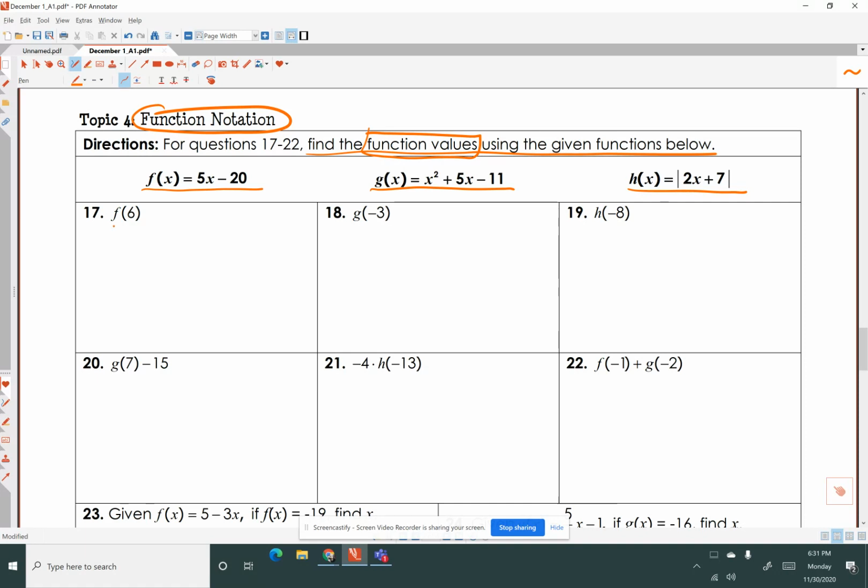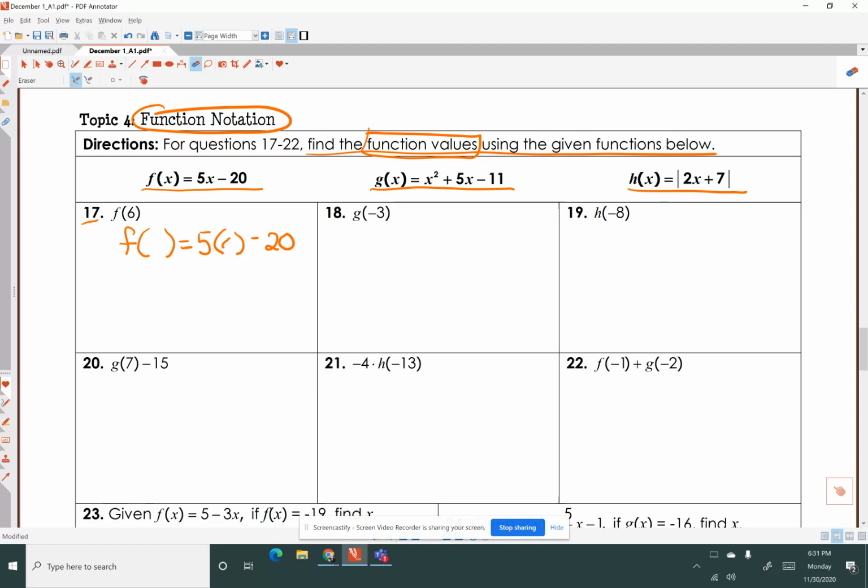So they ask us in number 17 to find f of 6. So we always start with f of x as written. F of x equals 5x minus 20. Now we make our substitution.